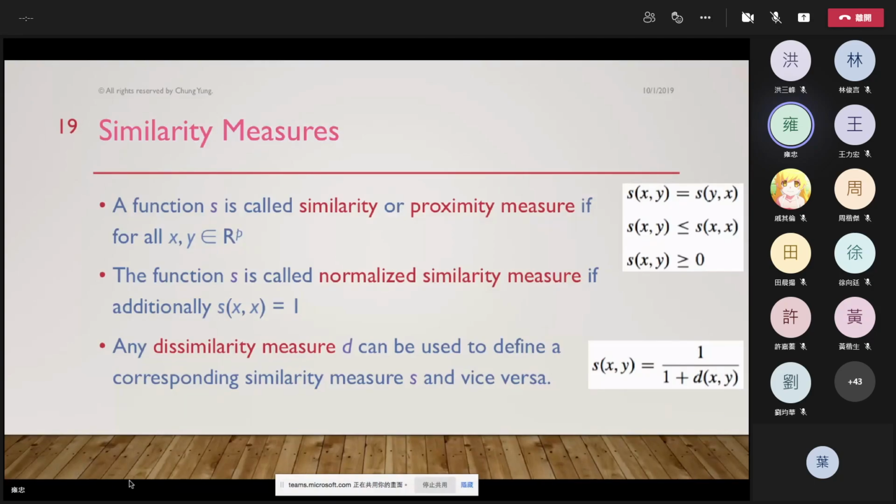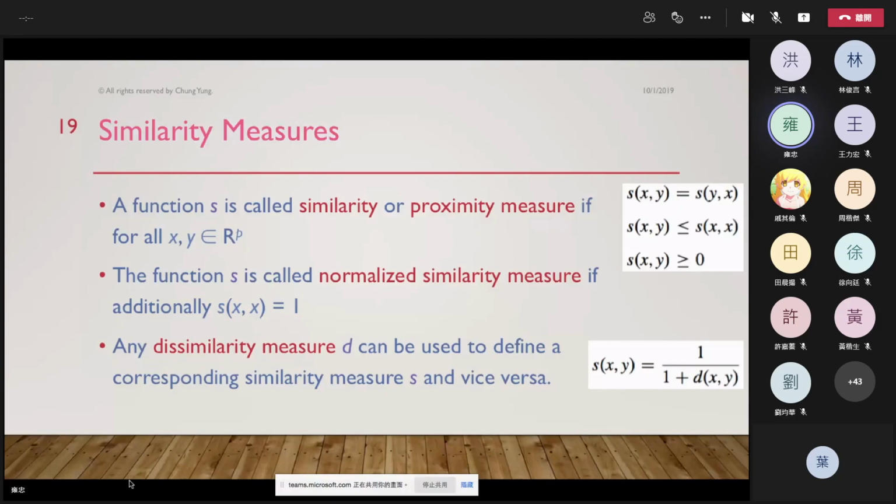Either S(x, y) equals S(y, x), or S(x, y) is less than or equal to S(x, x), and S(x, y) is greater than or equal to 0.